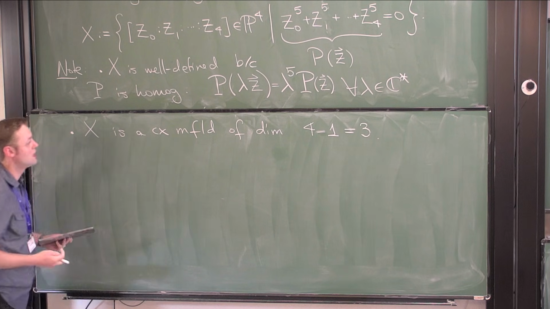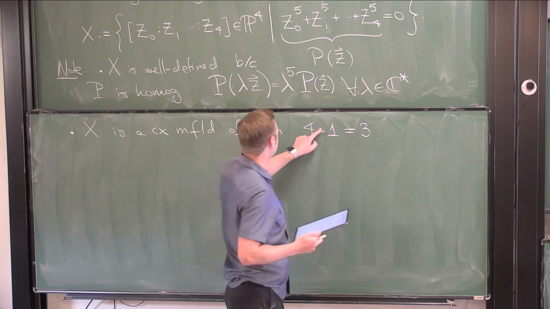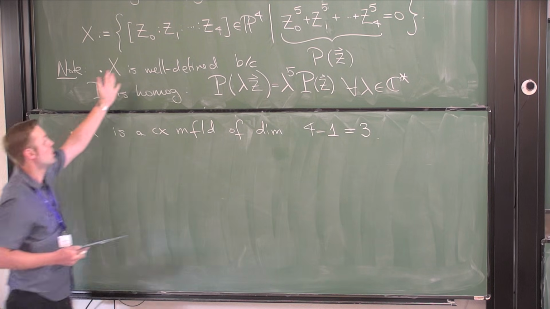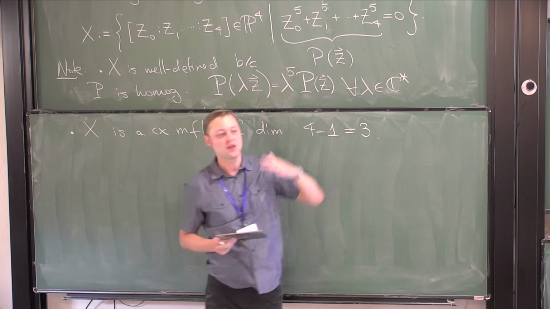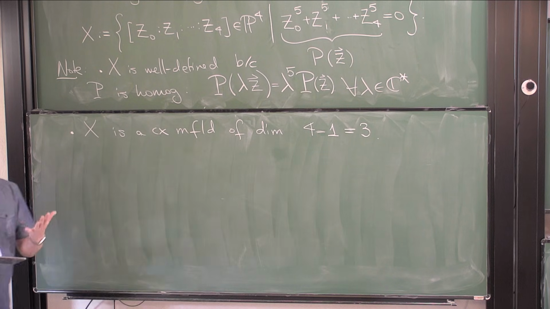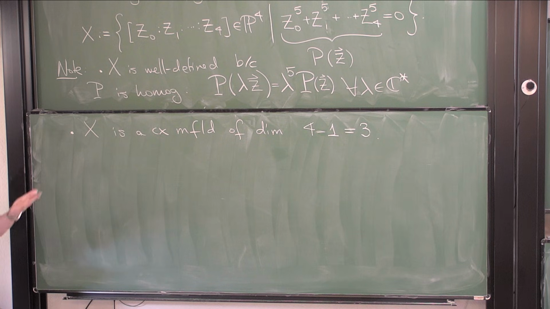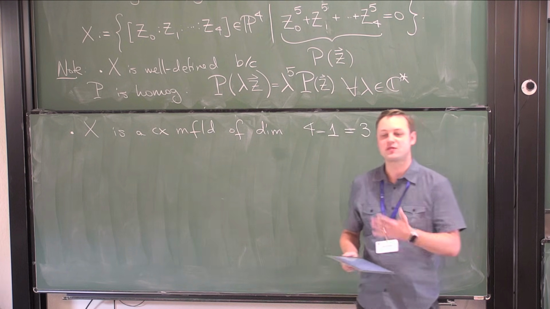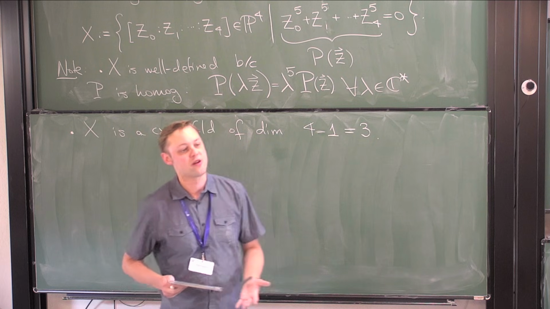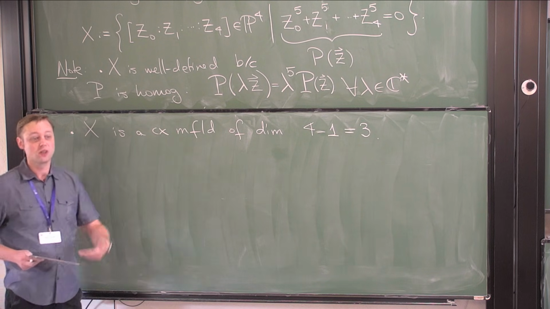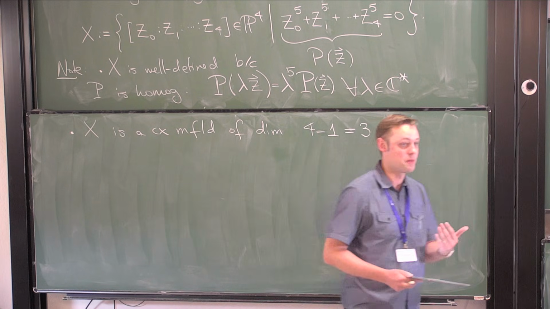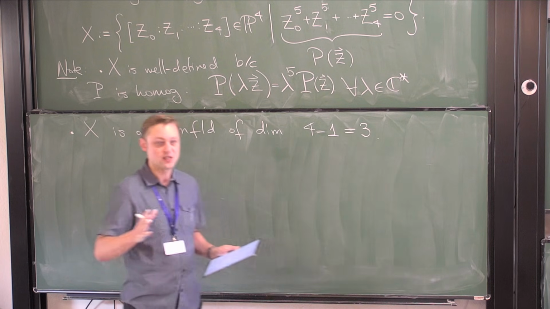So why is this a complex manifold? Well, because I'm defining it as a zero locus of a polynomial. The most typical way to check whether or not we have the complex manifold structure, just like in ordinary differential geometry where you have this type of stuff, is to use the implicit function theorem. And when you go to the complex world of holomorphic functions, there is the analog, the holomorphic implicit function theorem. The statement is almost identical.